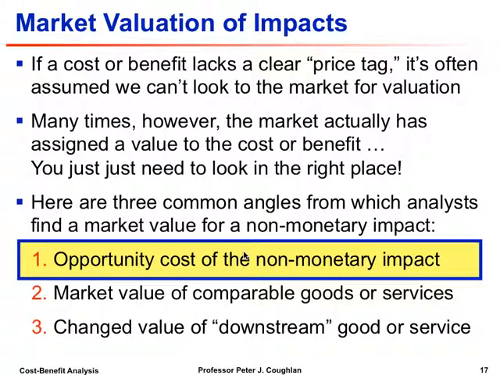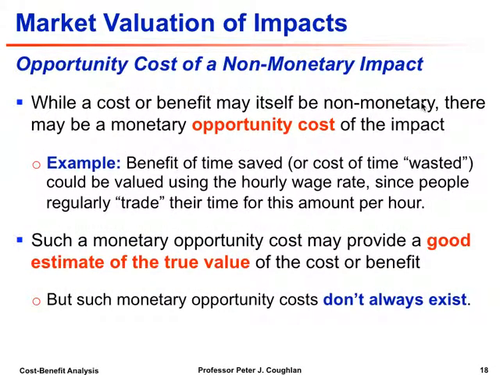So let's first talk about the first market valuation approach, looking at the opportunity cost of the non-monetary impact. The idea is that there may be a benefit or cost that is non-monetary, but there may be some monetary opportunity cost associated with that.